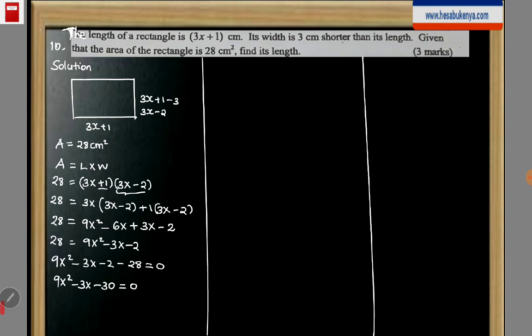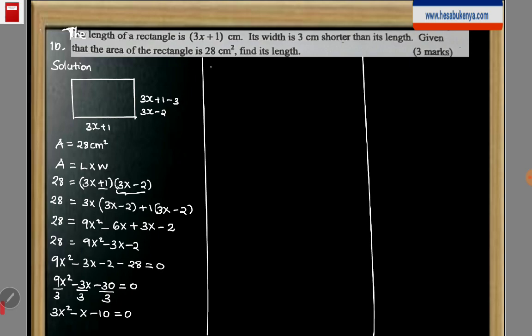Then all the terms are divisible by 3. So to simplify our equation, we can divide every term by 3. So we will have 3x squared minus x minus 10 is equal to 0.